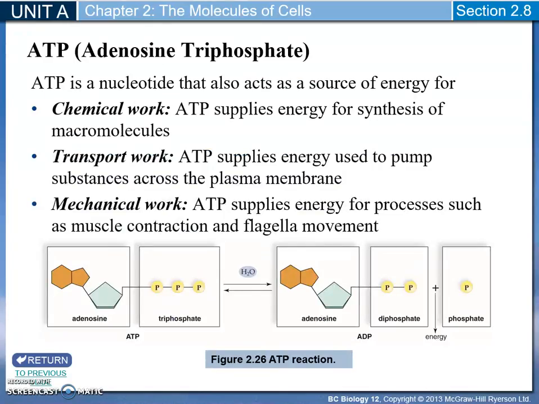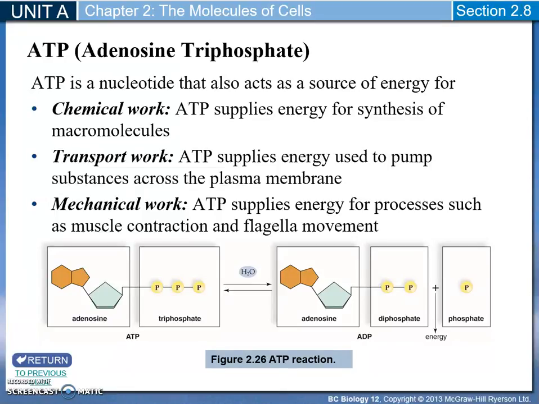So then we will look briefly here at ATP, and we will be looking at this further in the course later on as well. But suffice to say right now that ATP stands for adenosine triphosphate, and it is this molecule that allows the cell to obtain the energy that it requires to perform all the functions that a cell needs to perform.